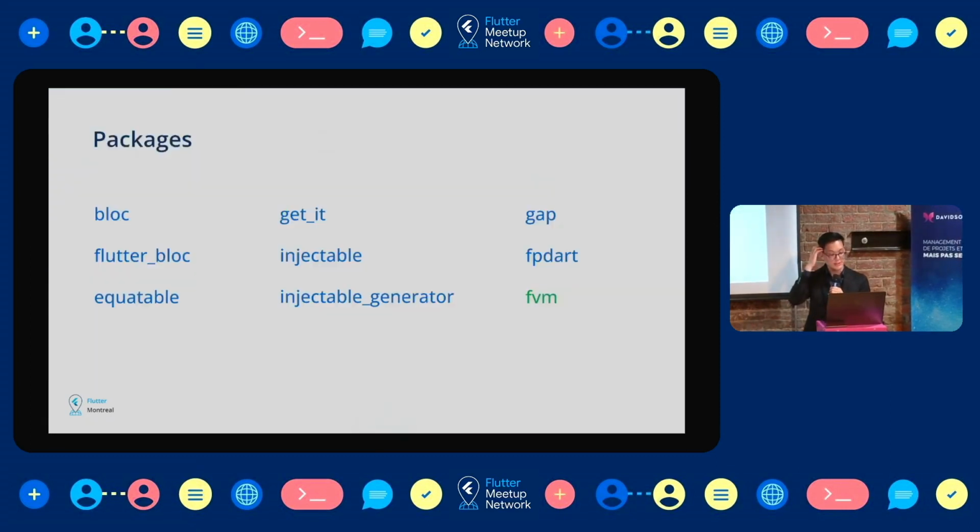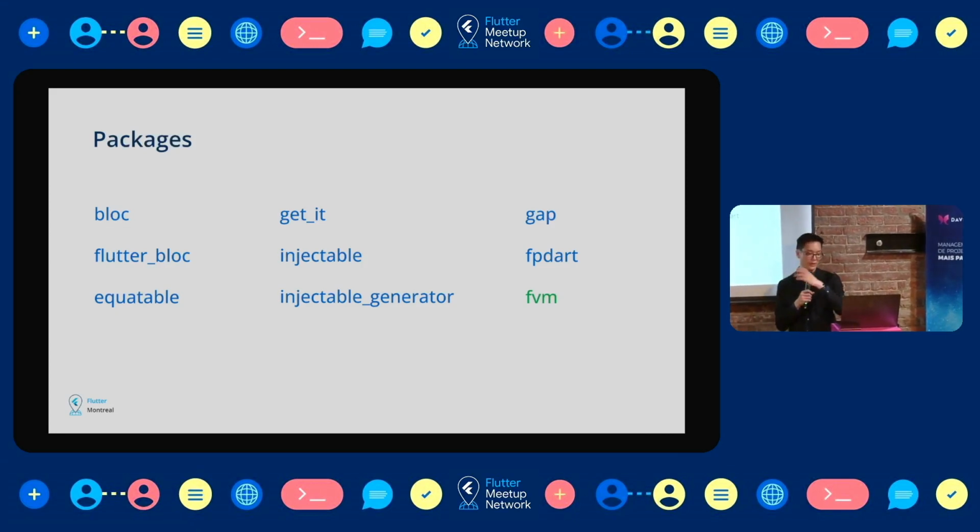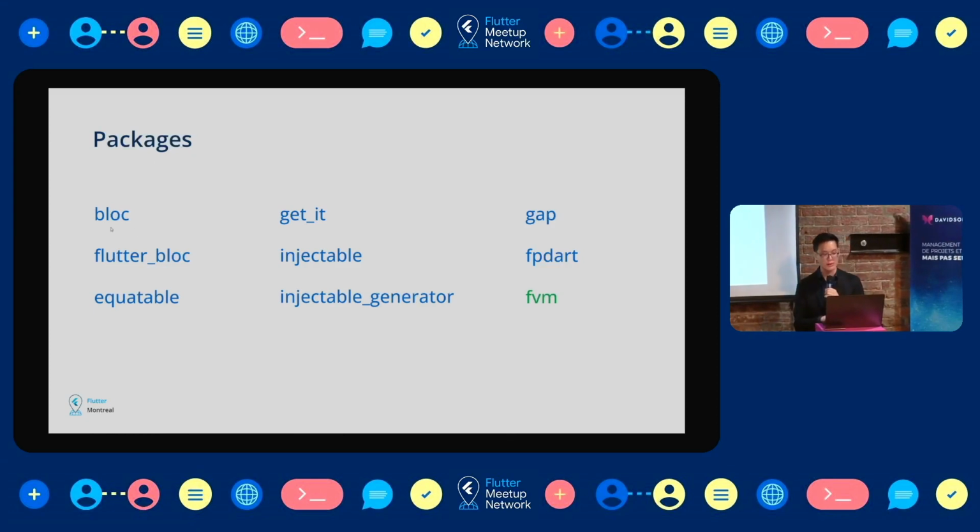So some packages and tools to do it. For the UI part, we only use Bloc. They all go together: Bloc, Flutter Bloc, and Equatable to render, update the state, and test the equality.